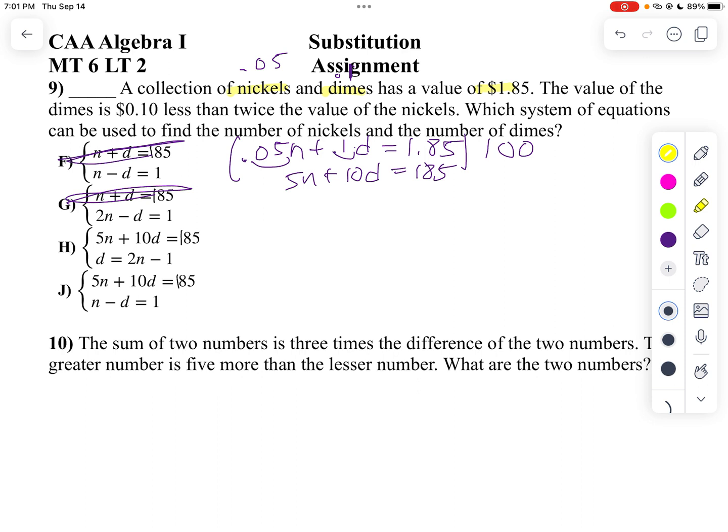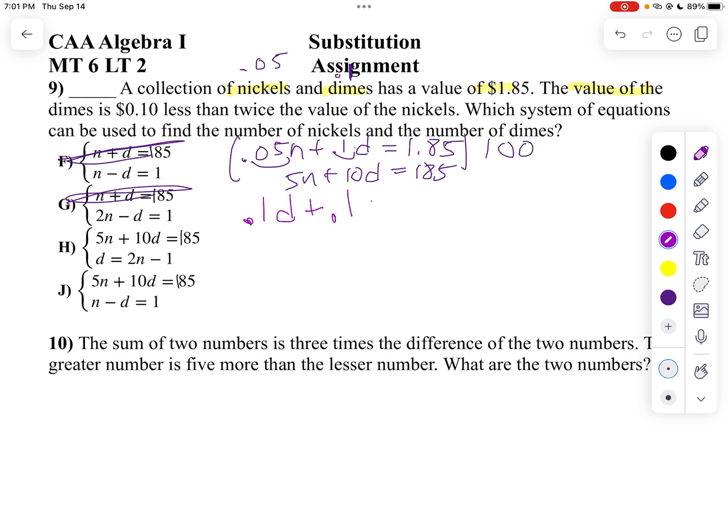In our second equation, it says the value of dimes is 10 cents less than twice the value of nickels. So what happens here, I think I'll do, is I'll write this as a dime is 0.1, and I'll take that times the number of dimes. And it's 10 cents less, so I'll add 0.1 onto that.